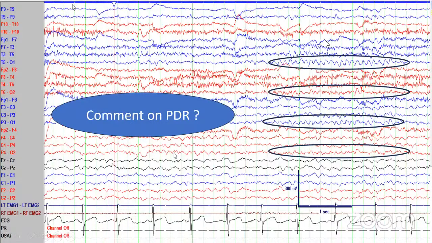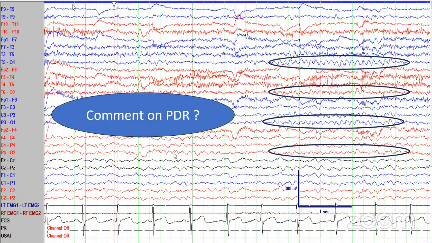So this is definitely not normal. And in this patient, we can explain it because the child has a destructive lesion in her right occiput. That is why the activity there is slowed, not as reactive as on the other side.